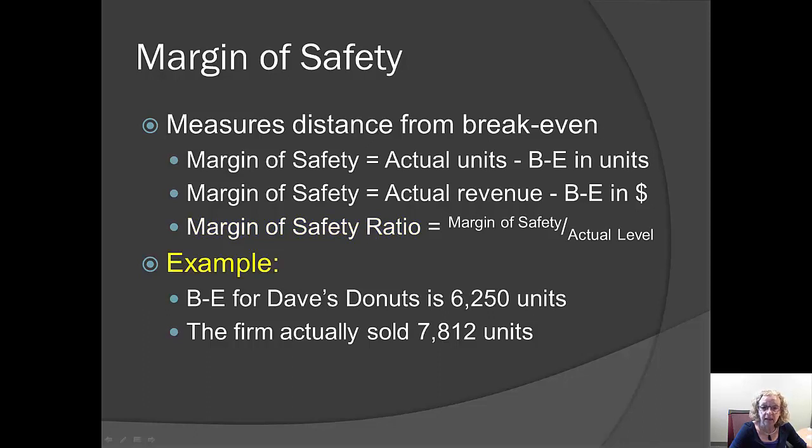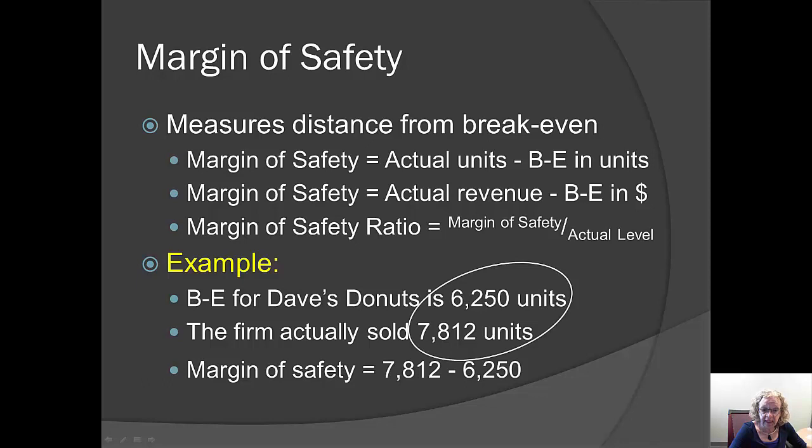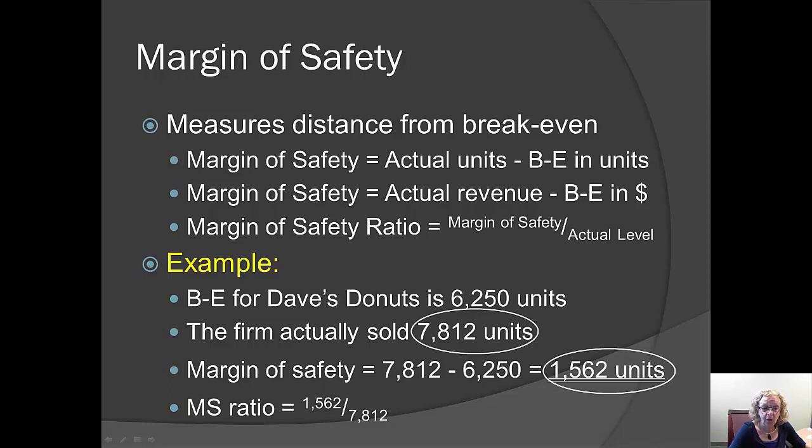In that case, the margin of safety is the difference between what they actually sold and their break-even amount. In other words, Dave's sales could decrease by 1,562 donuts before Dave had to start worrying about not breaking even.